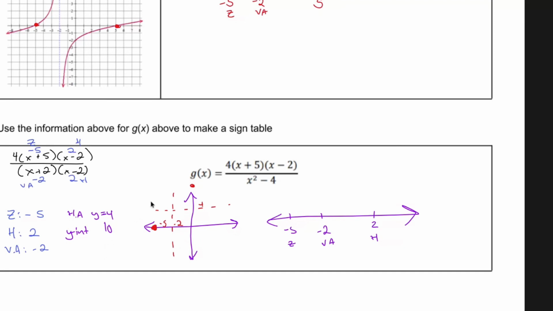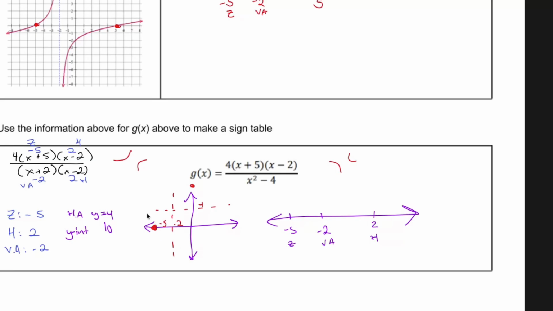Now, let's play the common sense game, shall we? Is it going to be something that looks like this? Or is it going to be something that looks like this? Well, there's only one way that this could work out. First off, my horizontal asymptote is at 4. It's going to level out at 4 no matter what, which means there's no way I can build a curve up here.